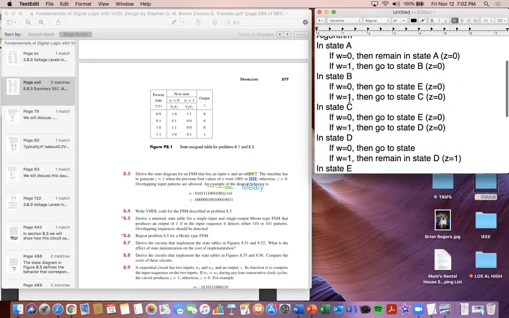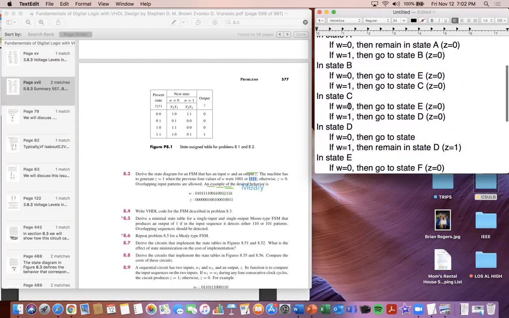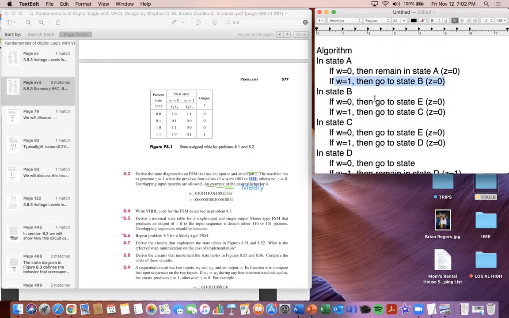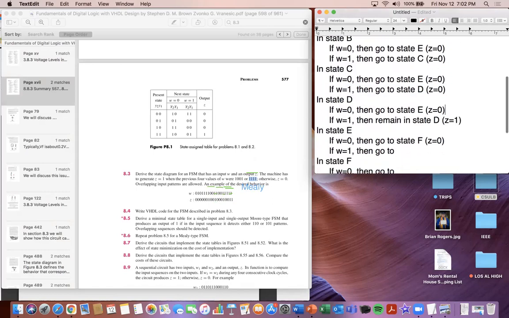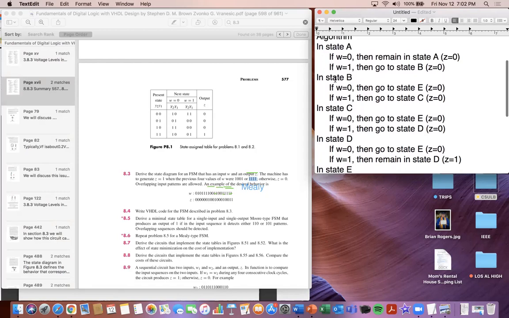Okay, let's try our next one. We have three 1s, and then a 0 pops up. So we have 1, 1, 1, then we have 0. That could possibly start this one, so go to state E, because 1, 0, then if the next one is 0. If we had 1, 1, 1, and then we get a 0, that still has the pattern of 1, 0.